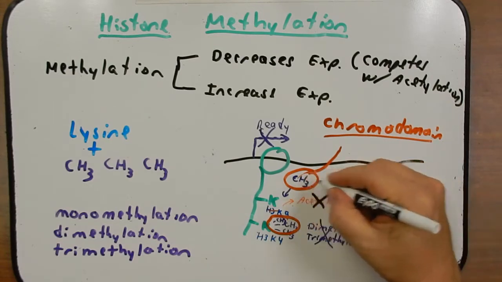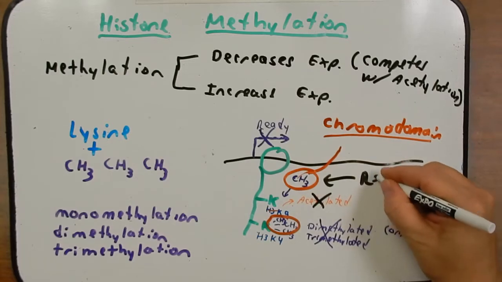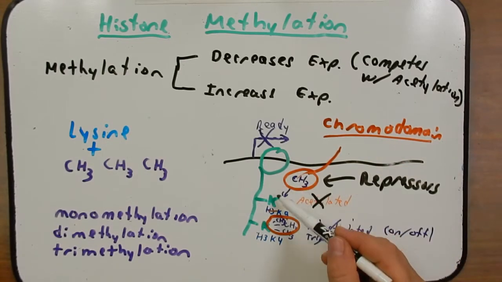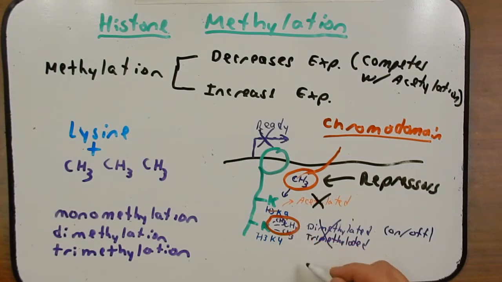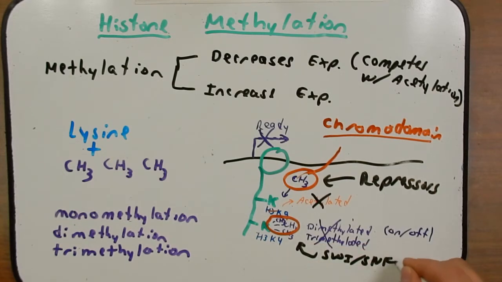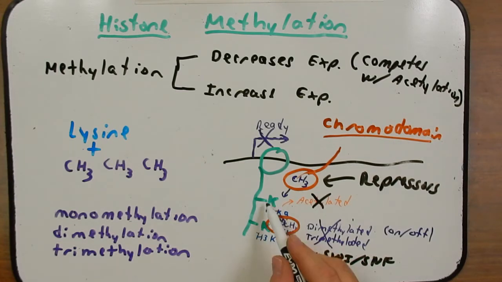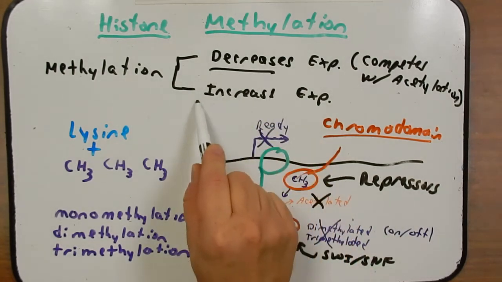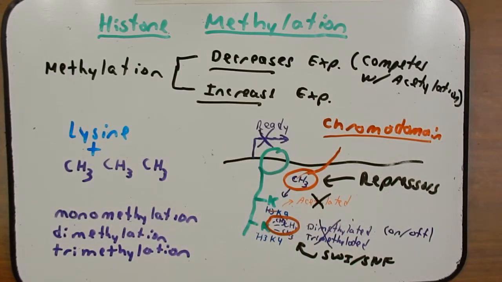They might recruit to this region here, say, various repressors or other proteins necessary to maintain a closed chromatin state. Or down here, they might bind and they might bring in various, like your RSC SWI/SNF complexes or transcription factors. So like the bromodomains, the chromodomains serve as this anchor by binding here and recruiting other proteins that come along and do the job of decreasing or increasing gene expression.